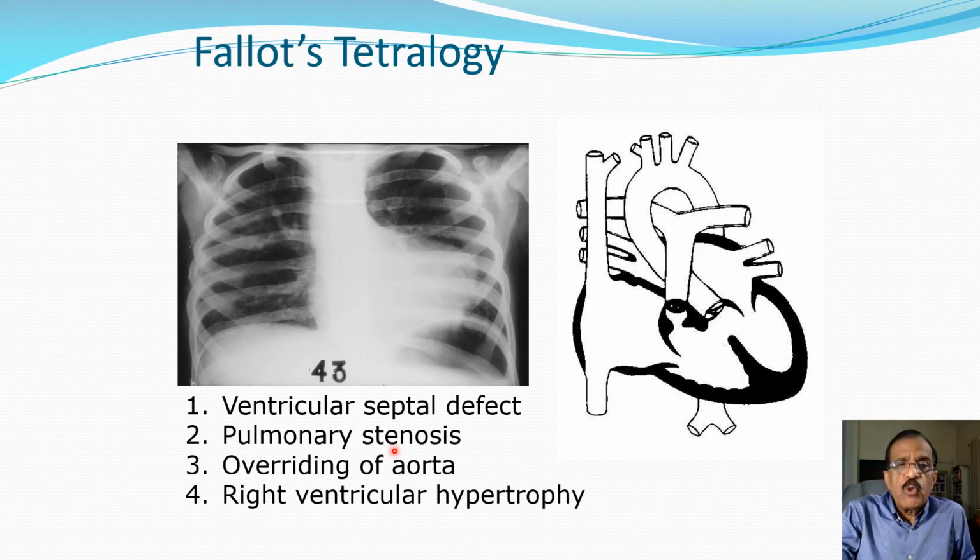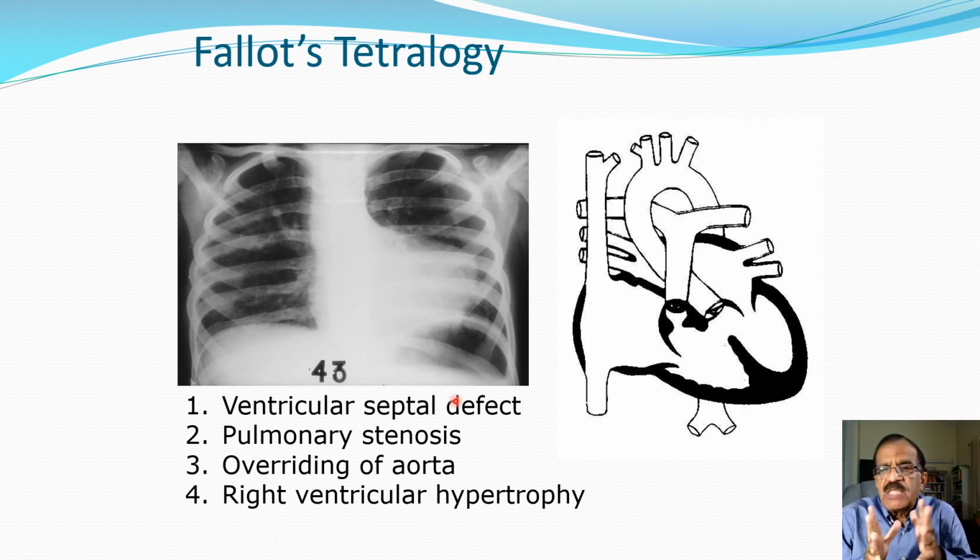This pulmonary stenosis is usually not valvular, it is infundibular, and it is also variable. A valvular stenotic lesion would be fixed, but in infundibular stenosis, the part of the right ventricular outflow just close to the valve is the part which is affected.